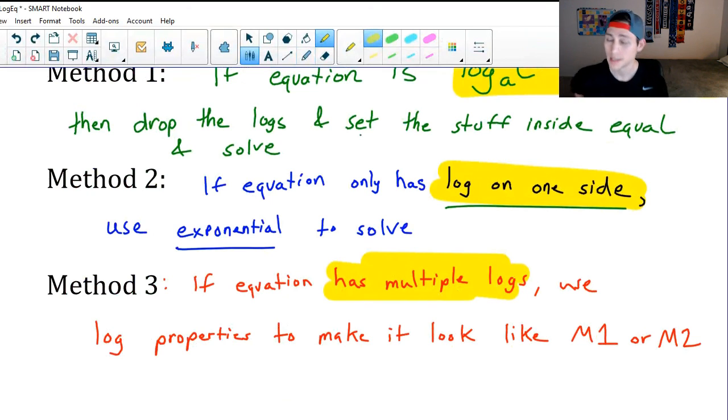Method 1 is there are 2 logarithms, just one on each side, and that's it. Method 2, there's 1 log on one side, and that's it. Method 3 is I see that there's multiple plus some other stuff. If this happens, we're going to use our log properties, like we did for expanding and condensing, to make it look like either method 1 or method 2.